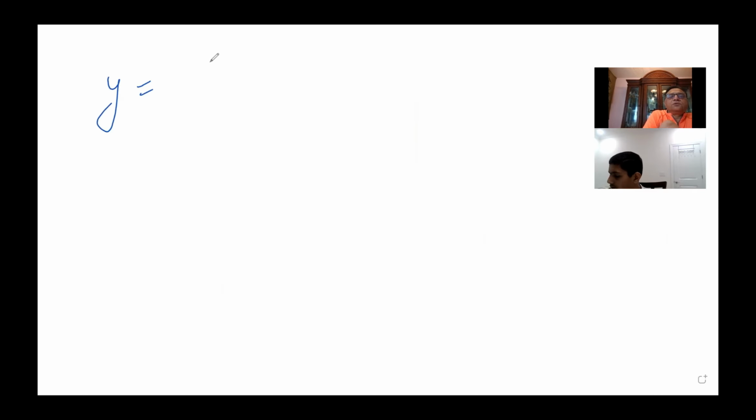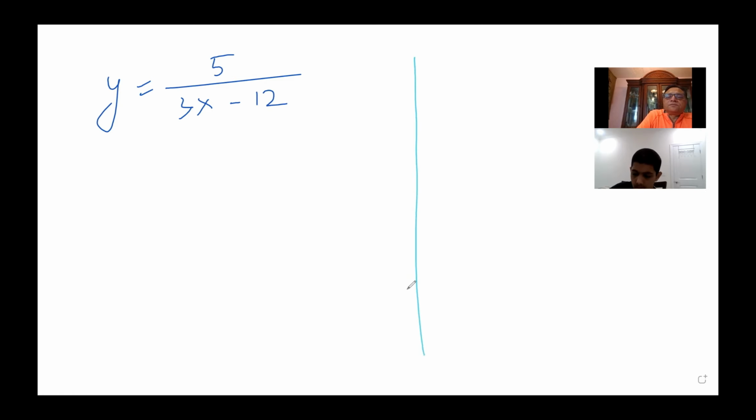Y equals to, let's say 5 over, now we have this function as, let me say 3x minus 12. Correct? Can you quickly tell me how will I sketch this graph? Okay. So you first find the vertical asymptote, which is 4.